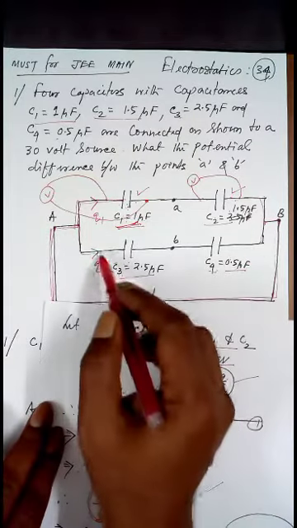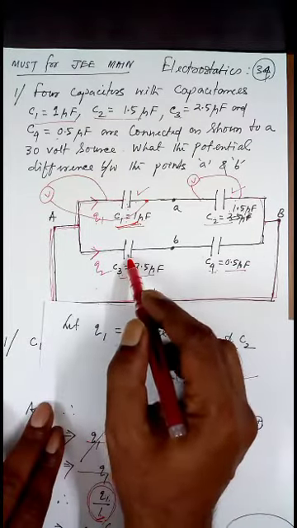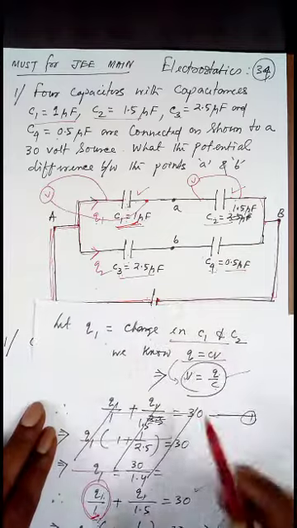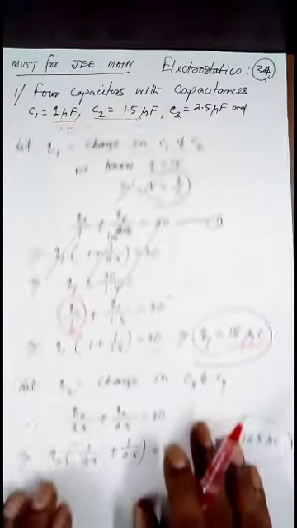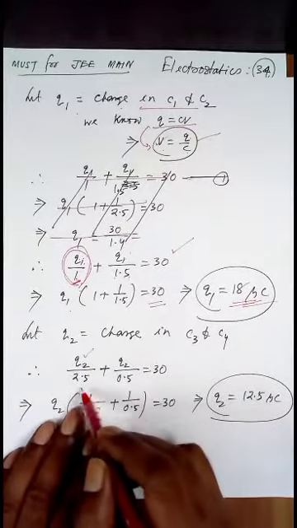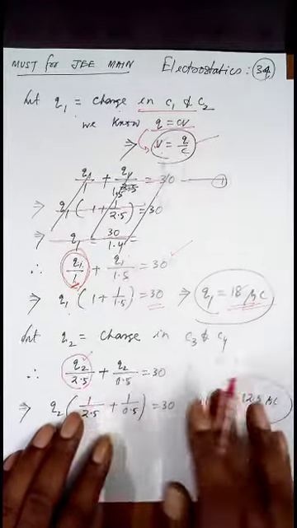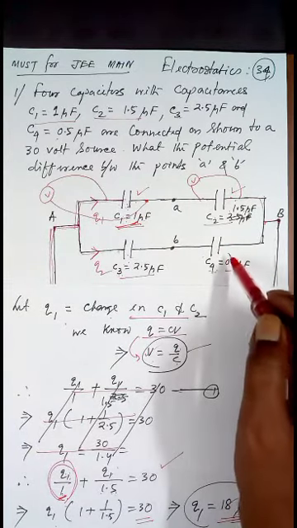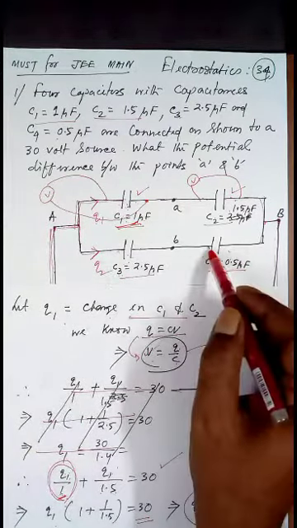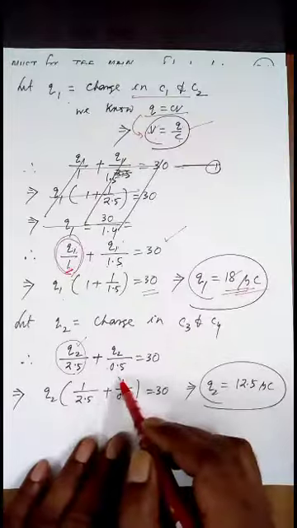Now similarly, Q2 is the charge in this capacitor as well as in this capacitor. So across this, the potential will be the charge in it divided by its capacitance, and across this the potential will be the charge in it, that is the same Q2, divided by its capacitance.